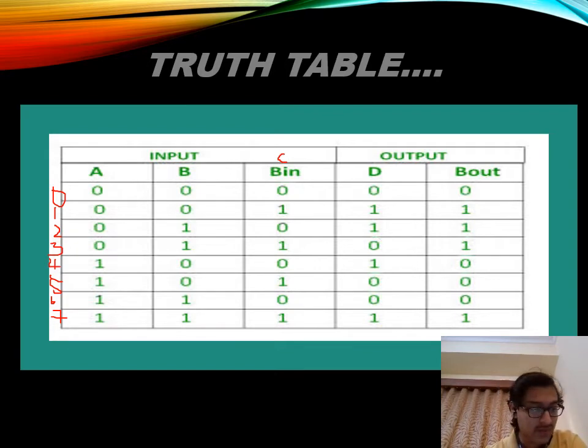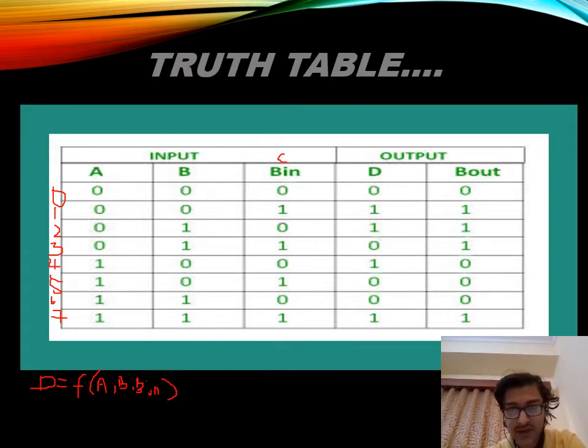For the first, we will get the full subtractor output D, which can be written as D equals F of A, B, C. So where is the difference high? Difference is high for 1, 2, 4 and 7.